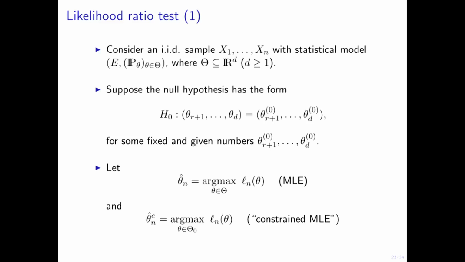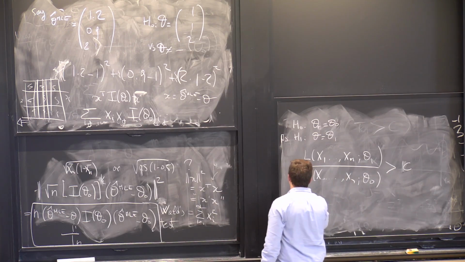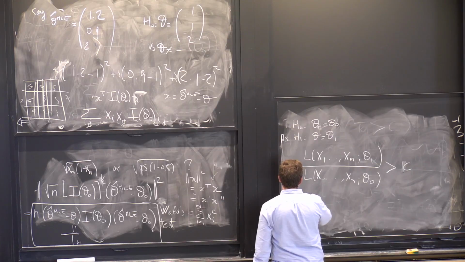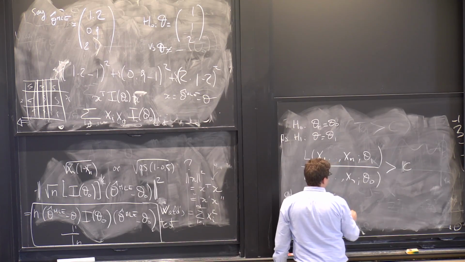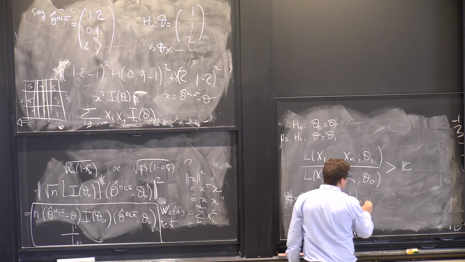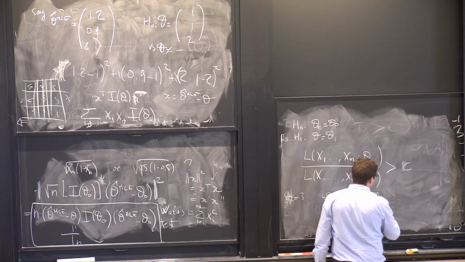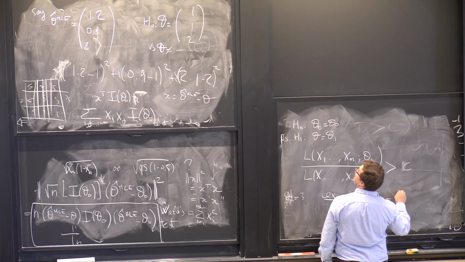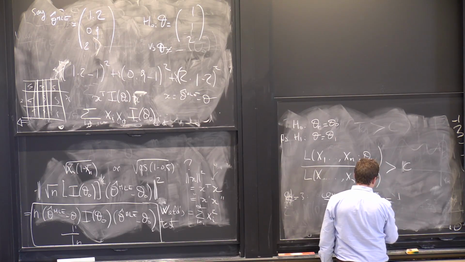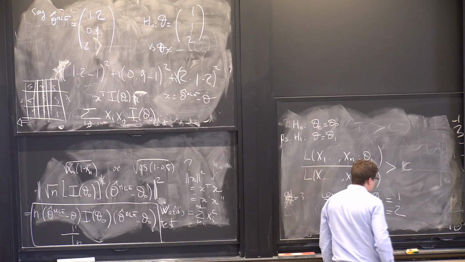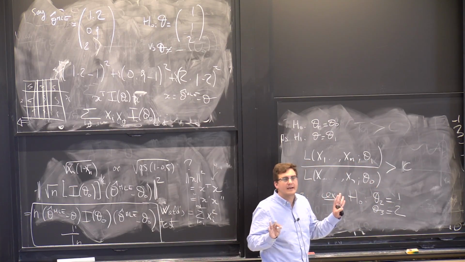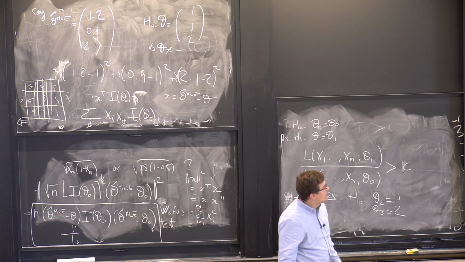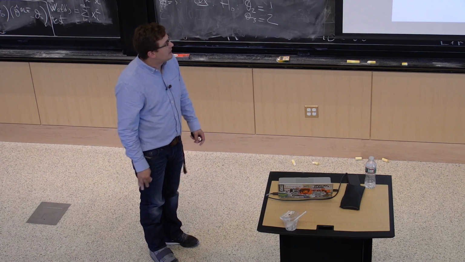So in this example, if d equals 3, here's an example: H0 is theta 2 equals 1, and theta 3 equals 2. That's my H0. But I don't actually care about what theta 1 is going to be.